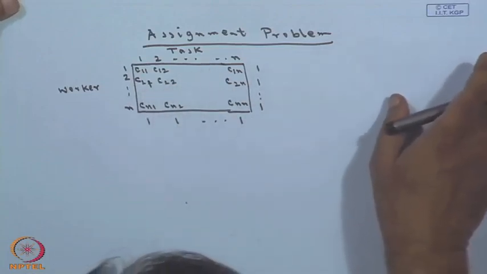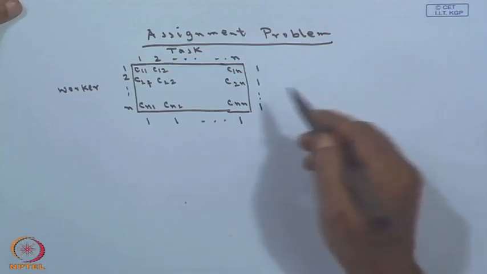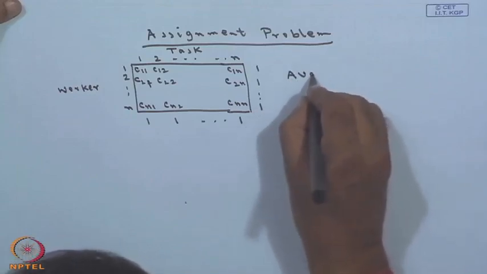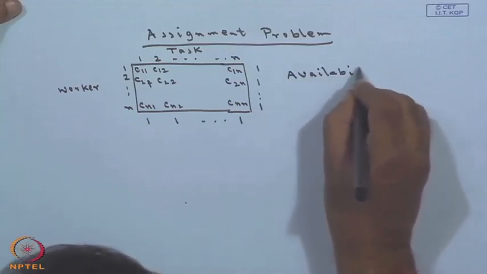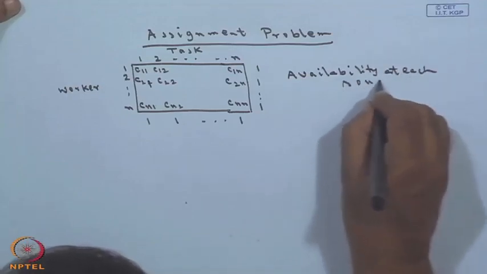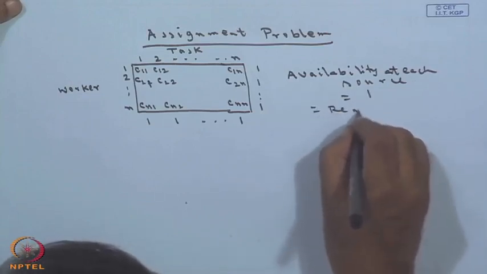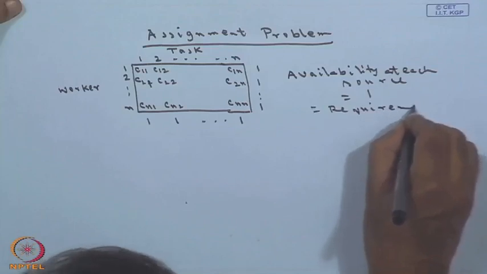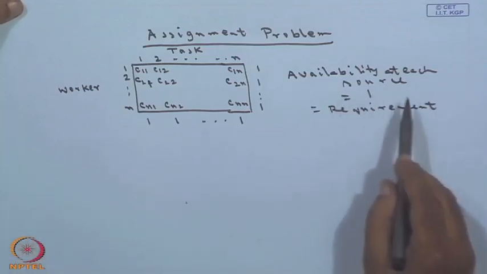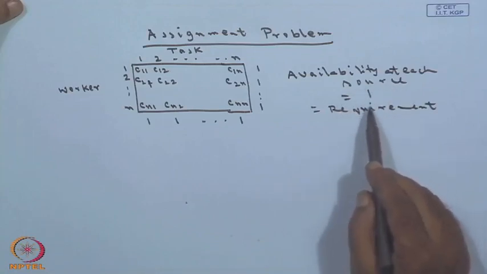If you see in terms of the transportation problem, it is similar, except for the condition that availability at each source should be equal to 1, and the requirement at each destination should also be 1.